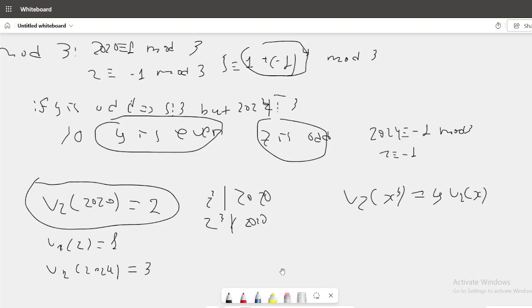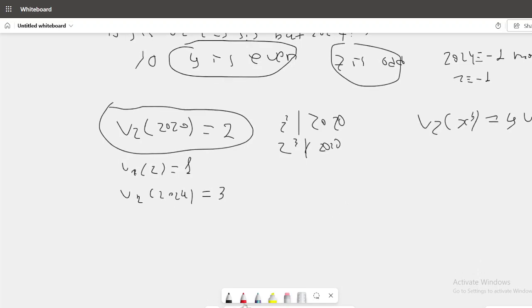So on the right side, V2 of 2024 to the power of z will be equal to z times V2 of 2024, or 3z to be exact, which will always be odd.